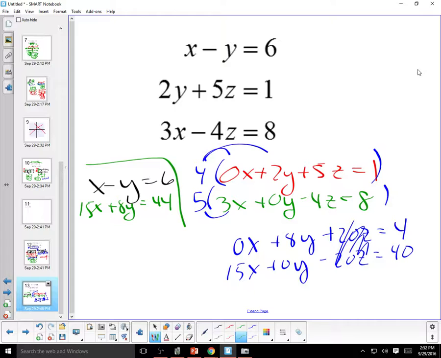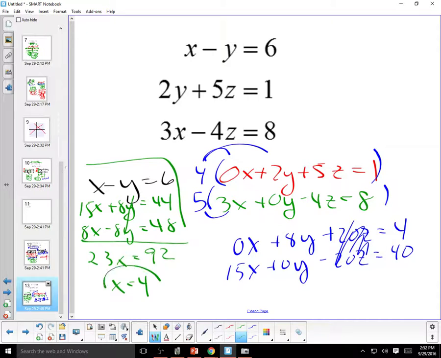Because once I do this one, I'm going to multiply the top one by 8. So 8x minus 8y equals, what's 6 times 8? 48. Yep. The y's are gone. That's 23x equals 92, which means x is 4.